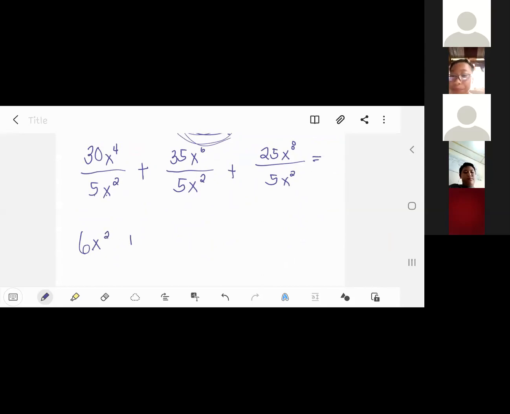Plus 35 divided by 5, 7. Then x, 6 minus 2, we have 4. Plus 25 divided by 5, 5. Then x, 8 minus 2, 6.